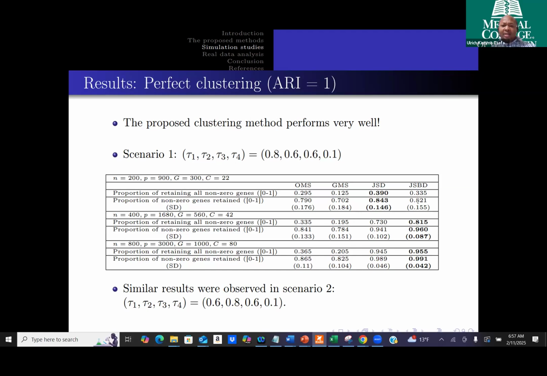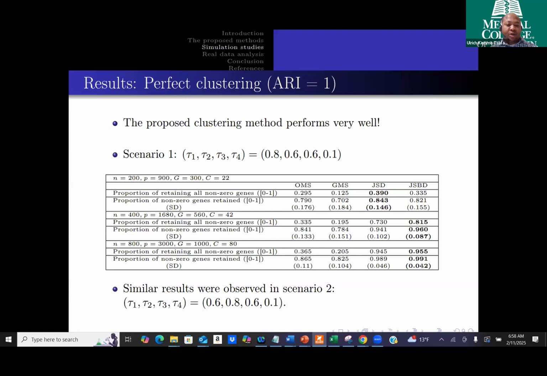Now, as the sample size increases, you will see here with 400 samples, 1,680 covariates, 560 genes, and 42 clusters, that the proposed method now has the greatest value, which is great.